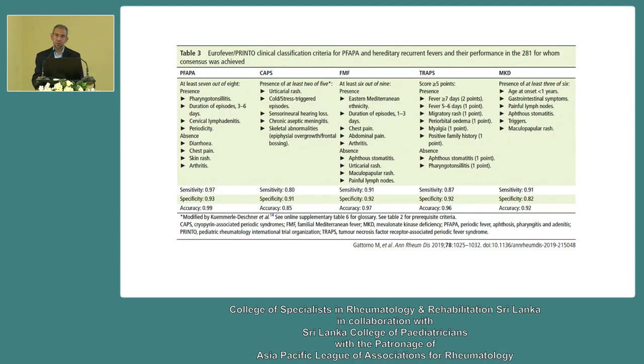Now, definitely the presence of a genetic variant will make your life easy for a diagnosis. However, you can make a diagnosis based on the clinical manifestation, especially in certain conditions with lack of access to genetic testing. And this is from the Eurofever/PRINTO clinical classification criteria for many autoinflammatory diseases.